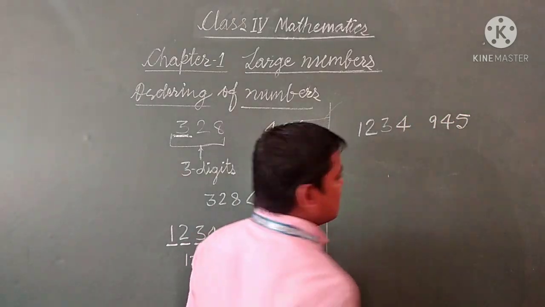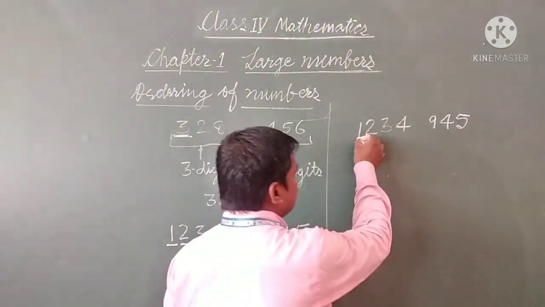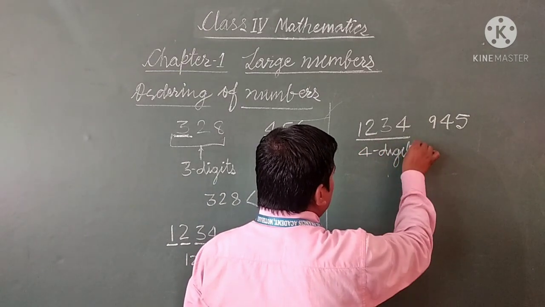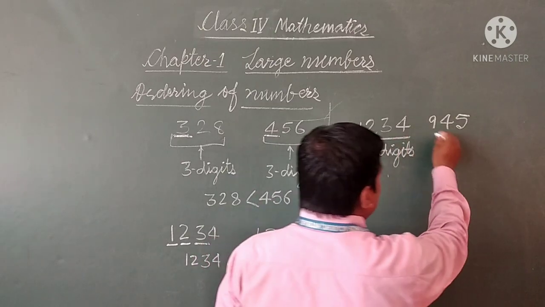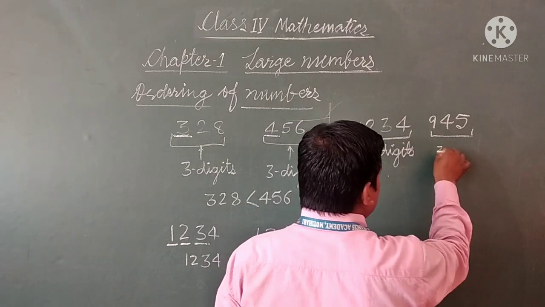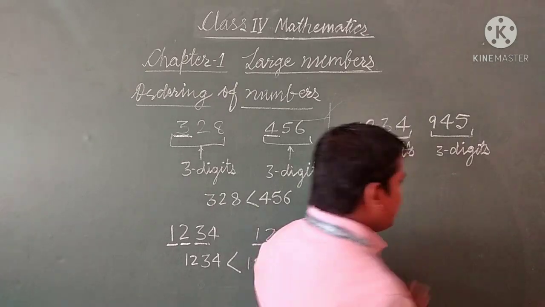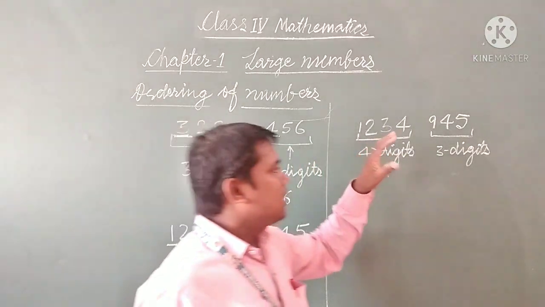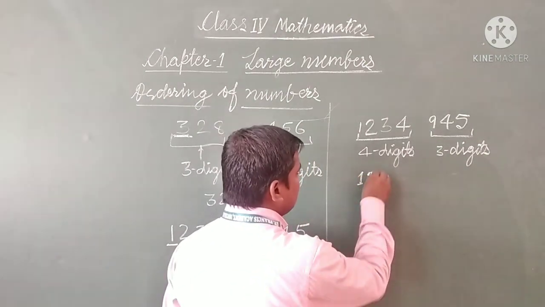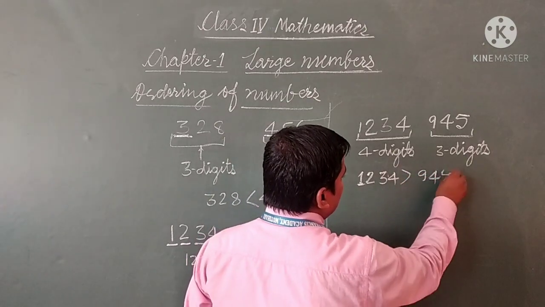In these two numbers, you are observing that the first number has 4 digits. So it is quite easy to say that the first number is greater than the second number, or we can write it 1234 is greater than 945.